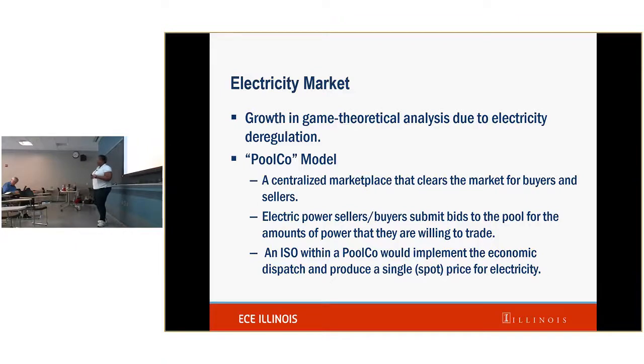Sellers submit how much generation they can provide and at what cost they're willing to trade it, whereas buyers request a certain amount of generation and submit a bid regarding how much they'll pay for it. From there, the ISO runs an economic dispatch OPF and determines the market clearing price. From there, each generator can determine its profit based on the revenue from the generation sales.